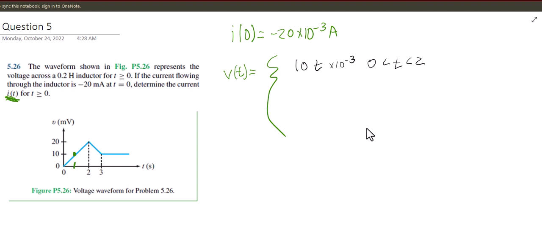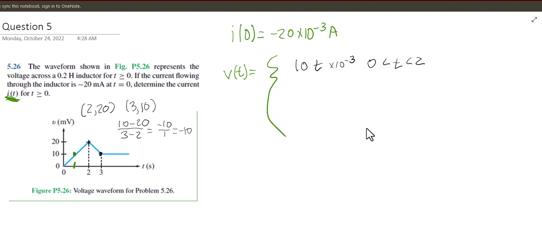Okay, then from 2 to 3, you might be able to look at that and come up with the equation of the line. But if you aren't sure, just remember from algebra that we have the point (2, 20) and we have the point (3, 10). And so the slope is rise over run. So 10 minus 20 over 3 minus 2, which is negative 10 over 1, which is negative 10.